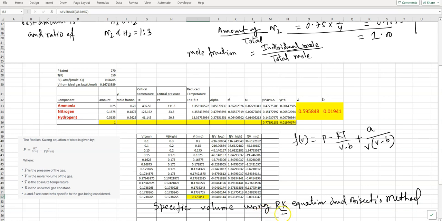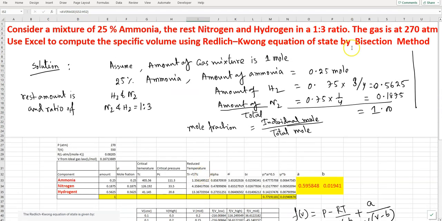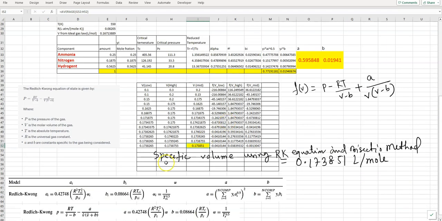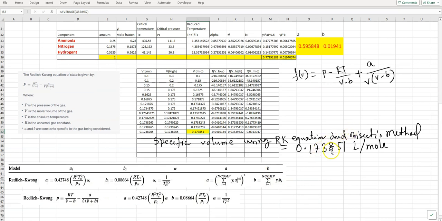It is equal to 0.17381 liter per mole. So that is the answer. Specific volume is 0.17381 liter per mole if I use the bisection method. So that way we can solve. Thank you.